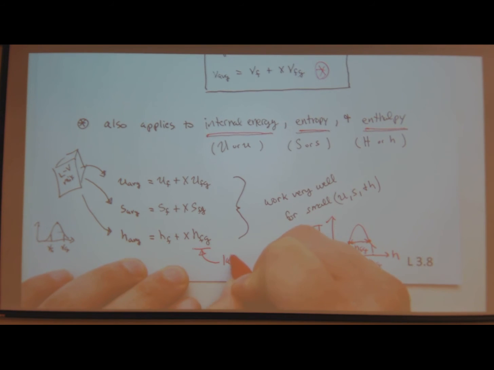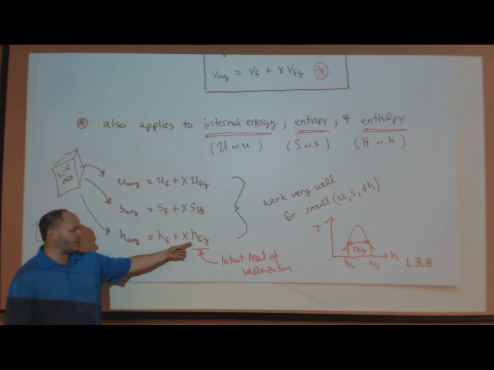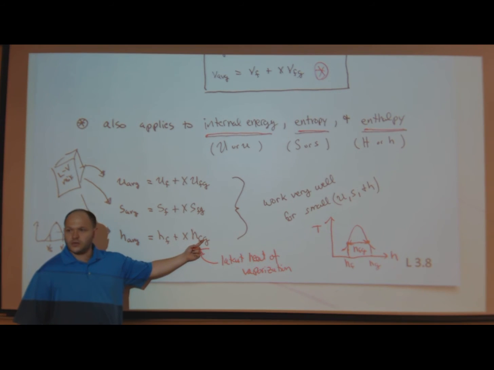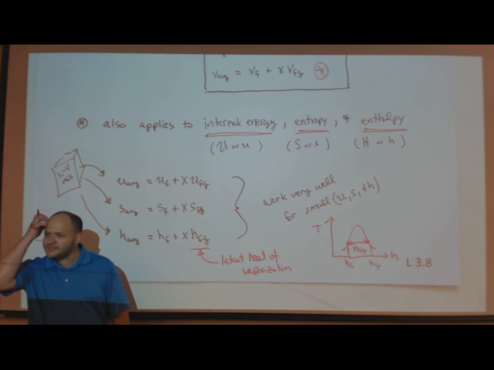This is the latent heat of vaporization. Okay, so in freshman physics, we learn about latent heat. We say latent heat of vaporization, so it's L sub V, right?